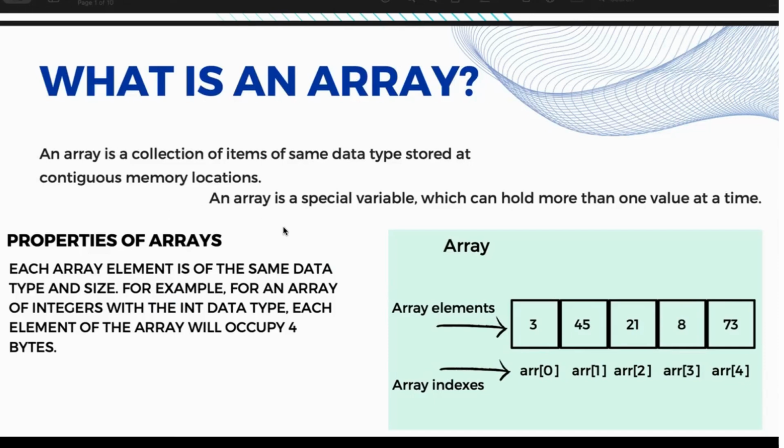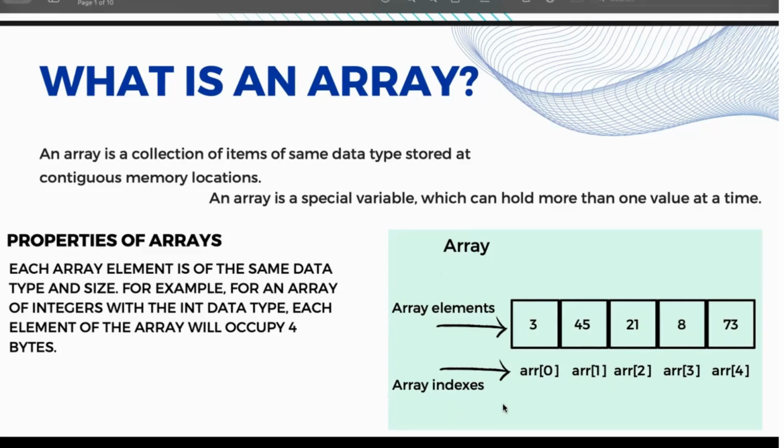As you can see on the slide, what are the properties of an array? Each array element is of the same data type and size. For example, for an array of integers with the int data type, each element of the array will occupy 4 bytes. Here you can see the array elements representing 3, 45, 21, 8, and 73.